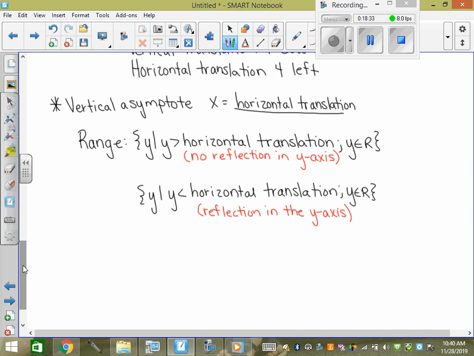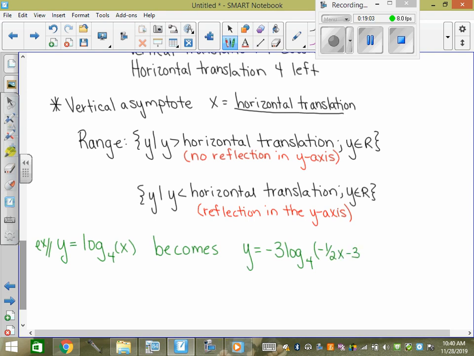So if I give you y equals -3 log base 4 of -1/2 x minus 3.